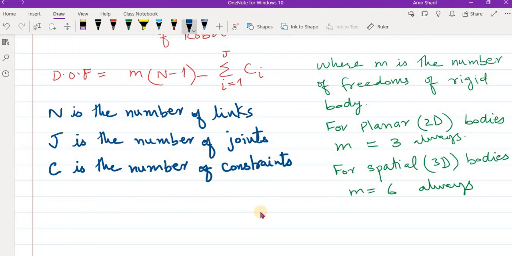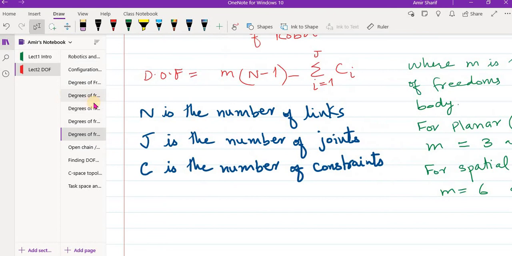If you remember, in the previous slides we tried to find the degrees of freedom in which we took the sum of the freedom of points minus the sum of the number of constraints. So this is an almost similar formula, a little bit modified, but the same as we used previously.